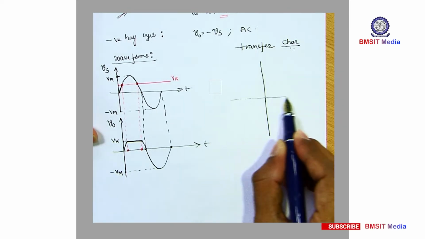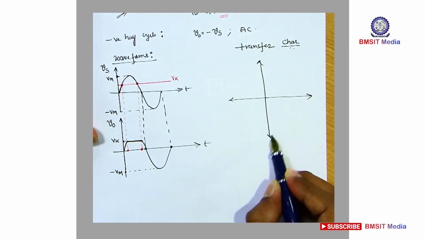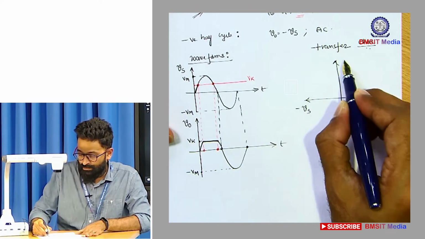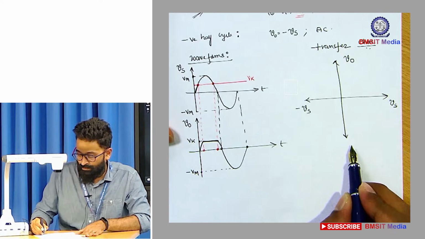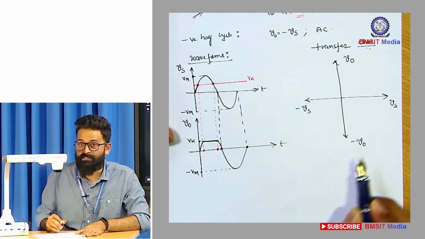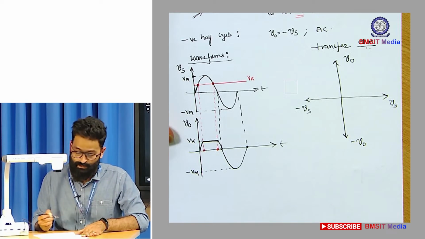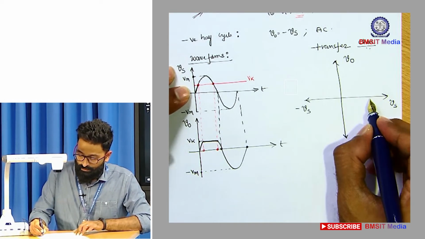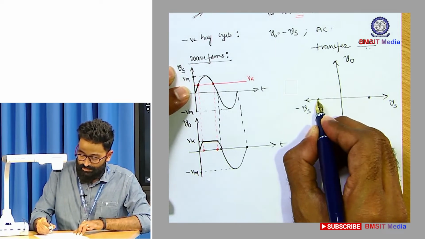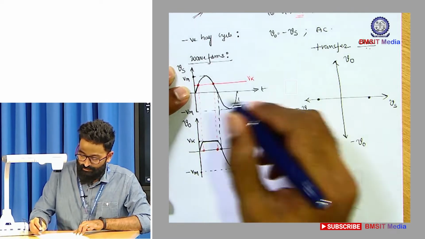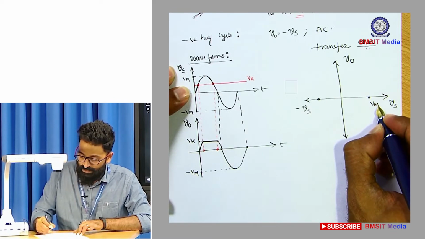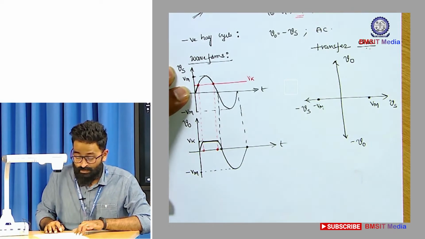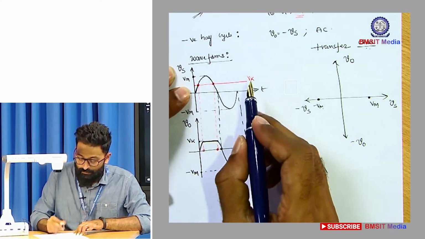And now let's plot the transfer characteristics. Plus Vs, minus Vs, plus V0, minus V0. On either side of the x-axis, mark the maximum values of the input, plus Vm, minus Vm, and also mark the Vk level.